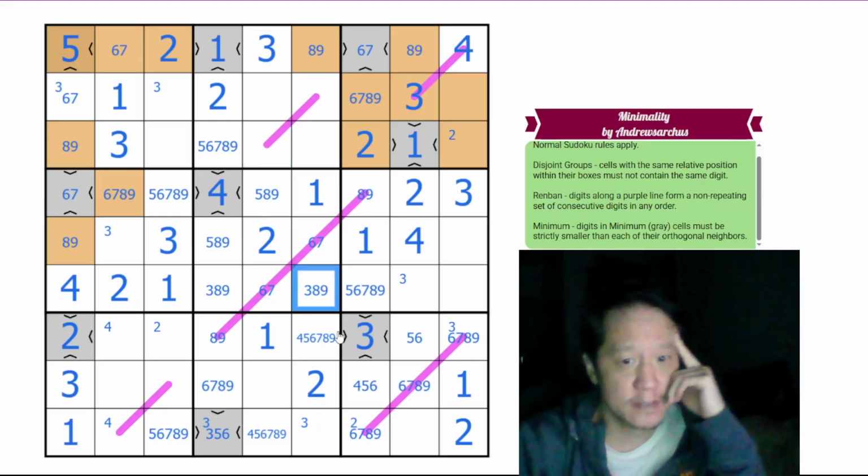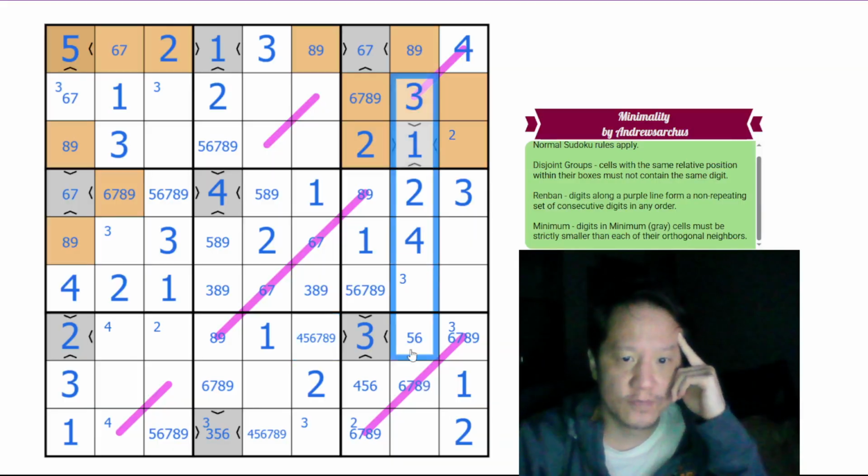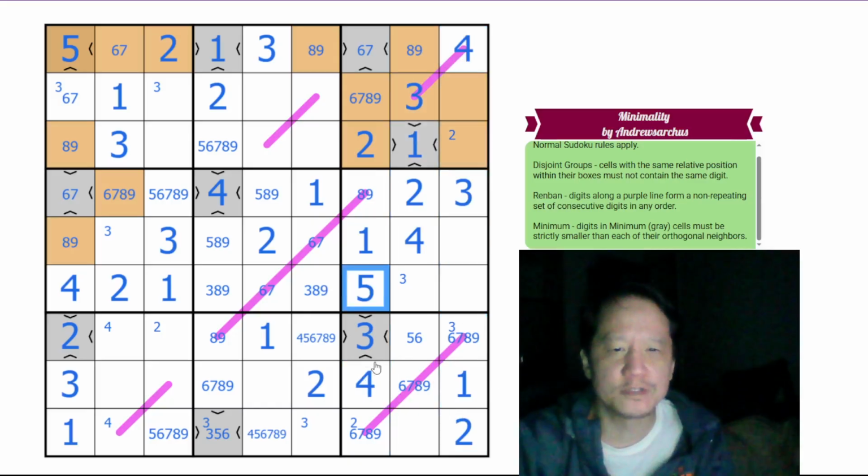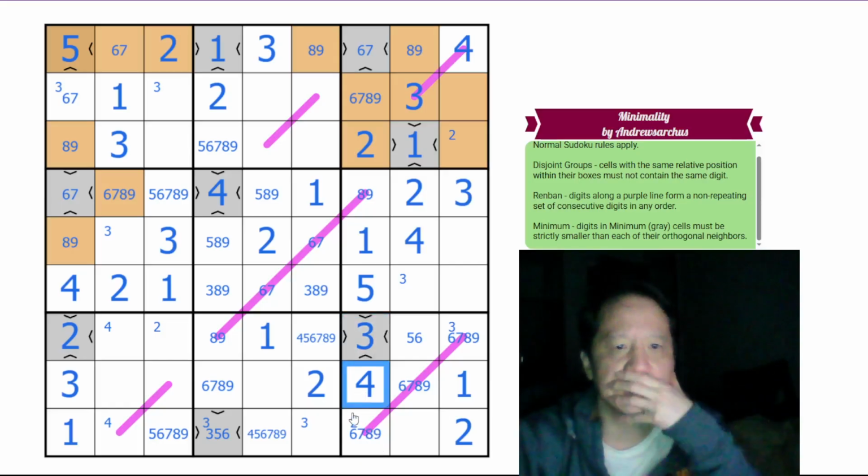Okay. That seems fine. 4 can't be here, 4 can't be here, 4 is here. That forces this to be 5 there. Okay, that's fine.